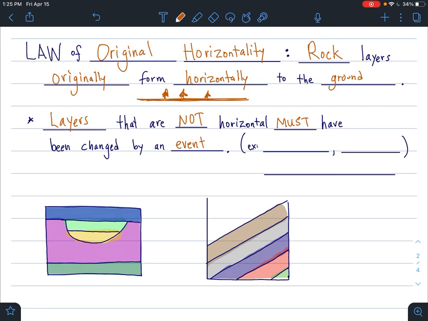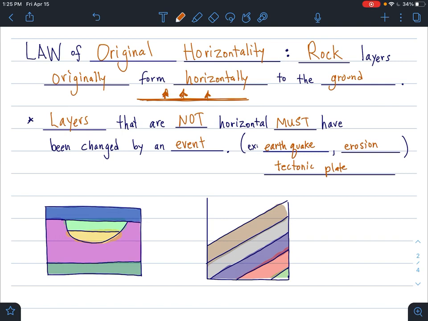Some of these events could be something like an earthquake, or maybe even erosion, or the fact that our Earth's crust is moving over the magma that's below it, the asthenosphere. We could also have tectonic plate motion, which could cause those layers to not be horizontal.